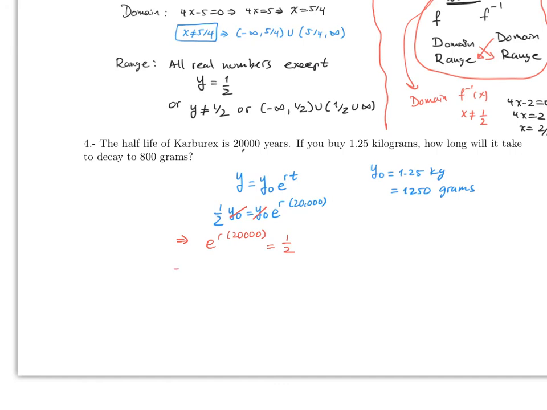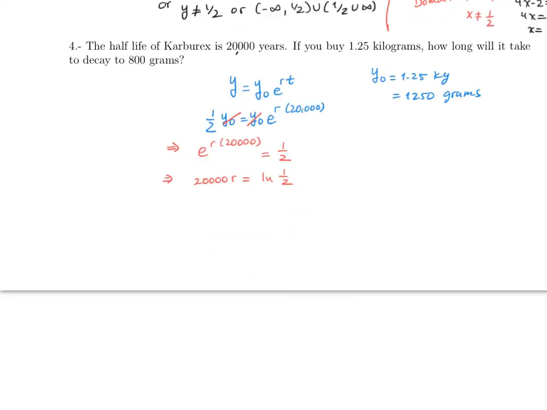Now we change from log to exponent. This will mean 20,000 r equals ln of 1/2. Okay, so from here we have that r equals ln of 1/2 divided by 20,000. ln of 1/2, you use a calculator, is around minus 0.693115. That's enough digits.